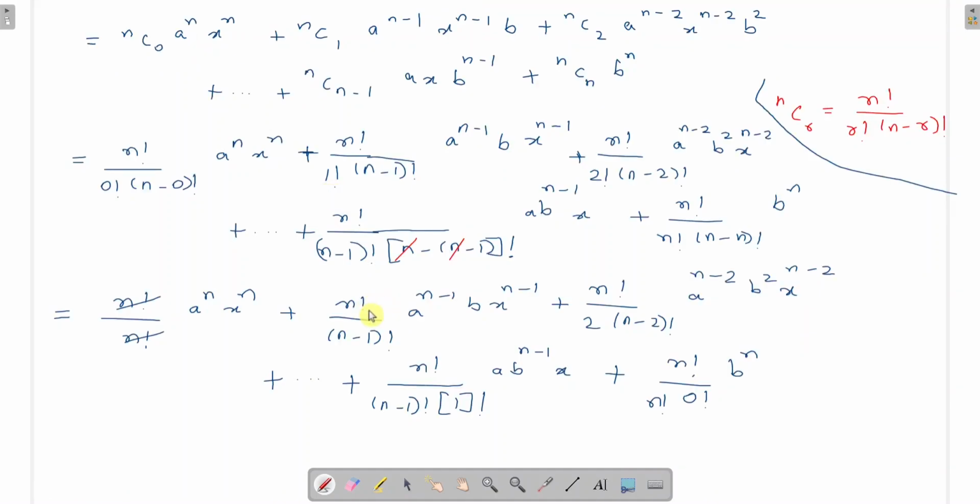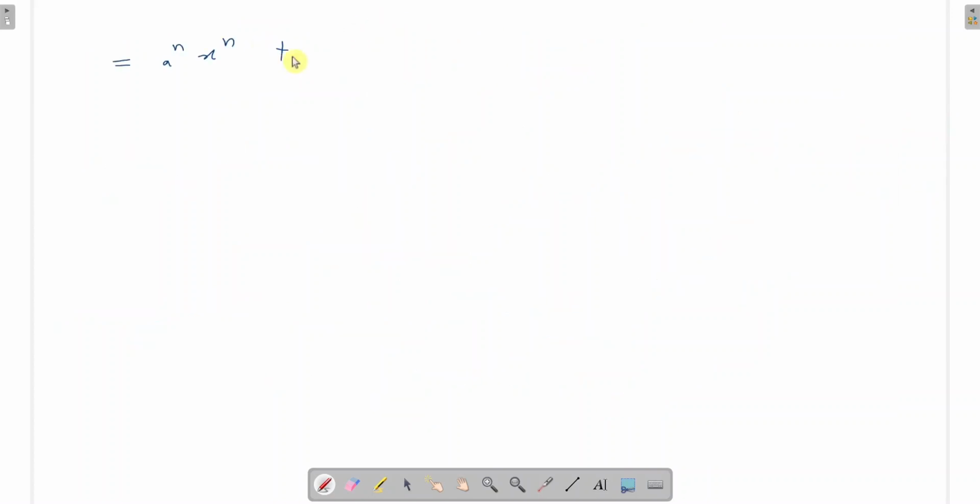Then what we will do is we will write n factorial as n times (n minus 1) factorial. Okay, so this you have studied in the permutation and combination chapter.